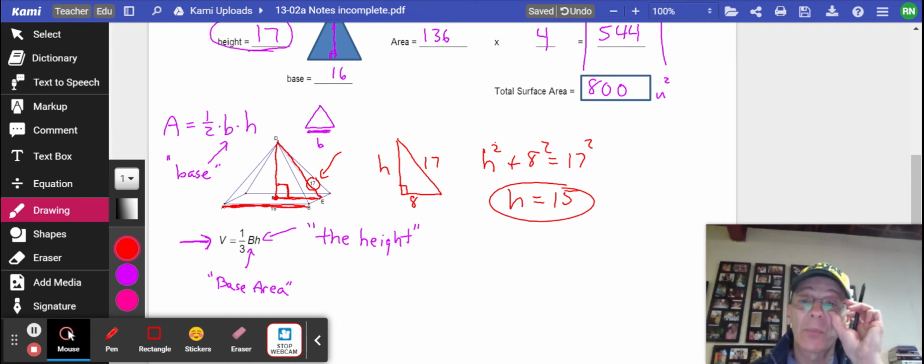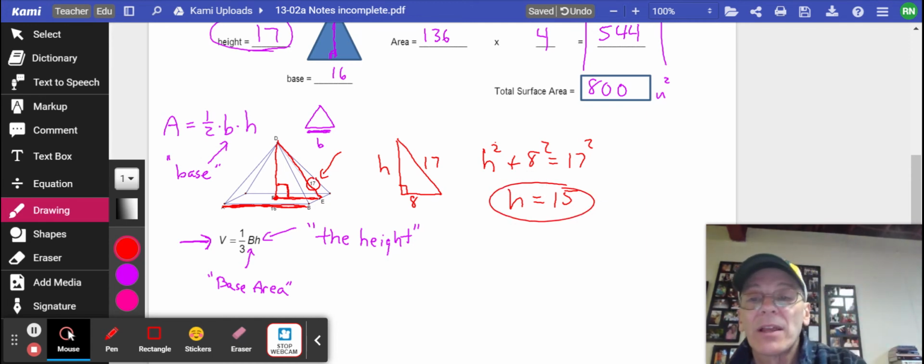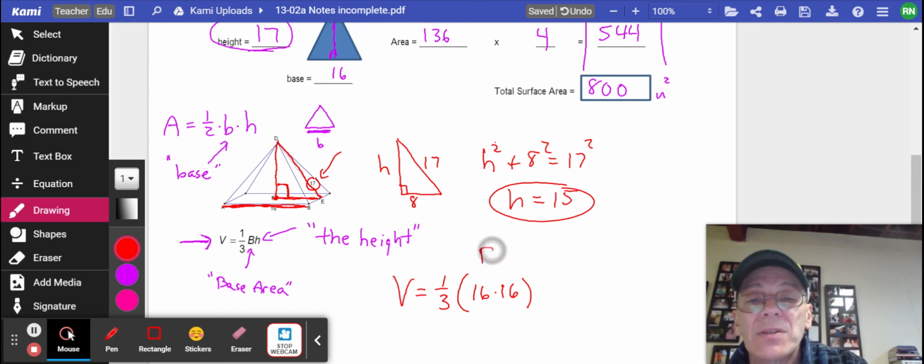Now we have all the numbers that we need to calculate the volume of this pyramid. Volume is going to be 1/3 times the base area. The base area is a square, and the square's area is just going to be 16 times 16. Right? That's your base area.